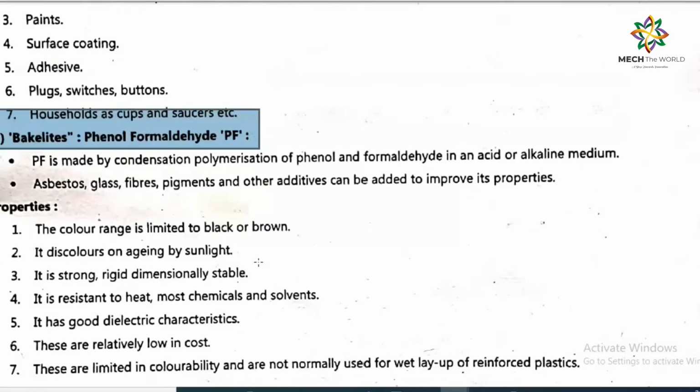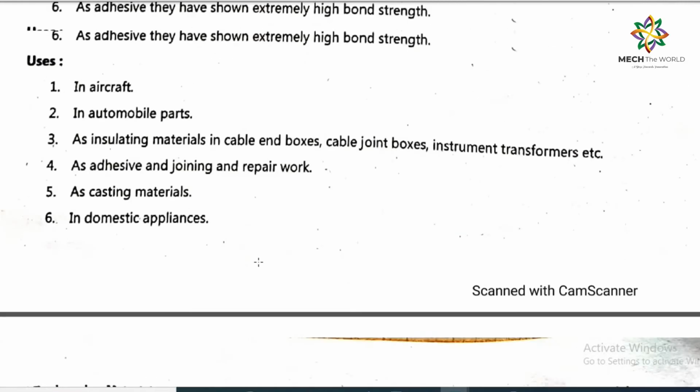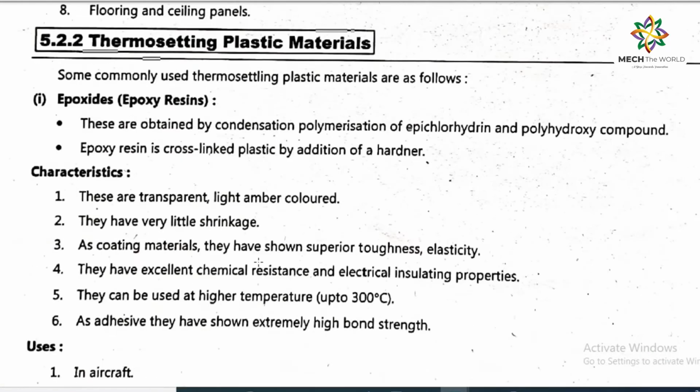Okay, about three different types of thermosetting plastics we are going to discuss in this lecture.